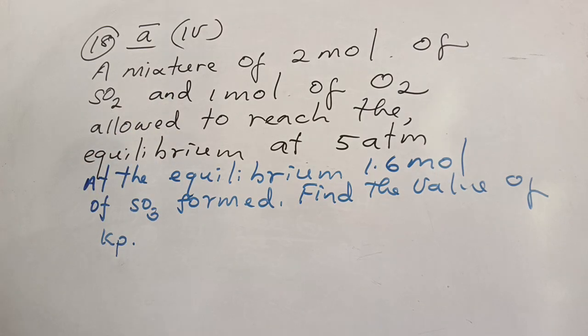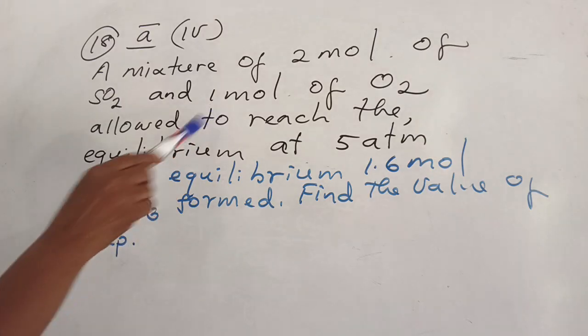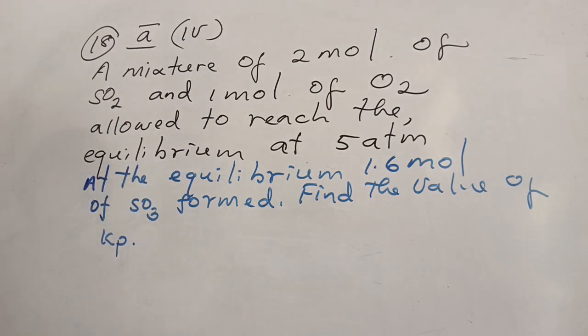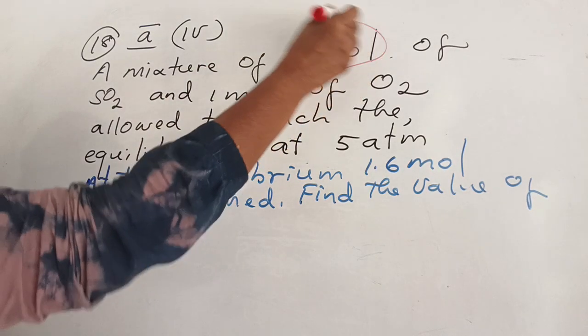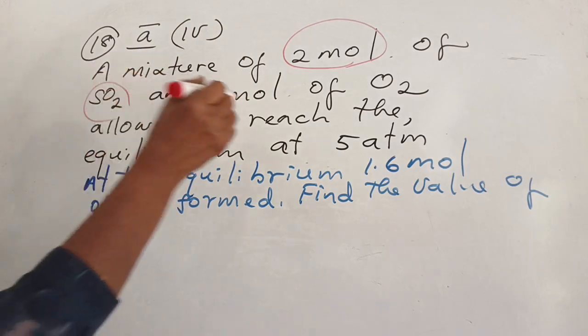So all the information is mentioned here. The first task should be to write down all the given information clearly. It says at the beginning the SO2 and the oxygen are mixed. The very first thing is to understand the given information clearly.